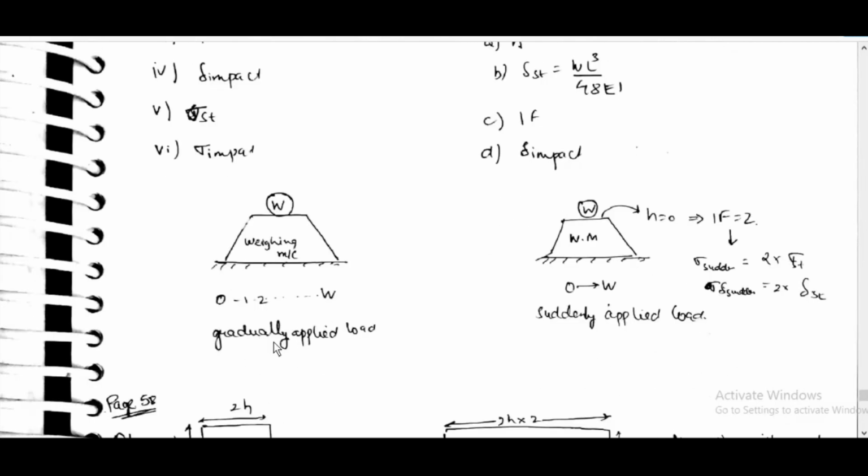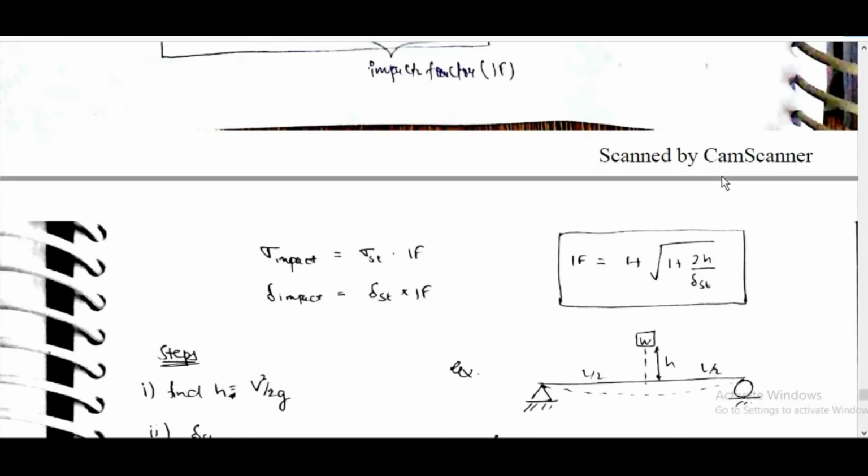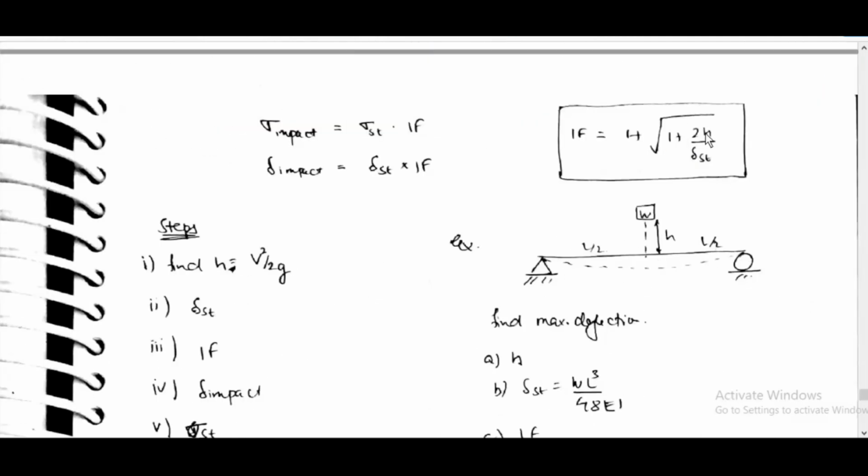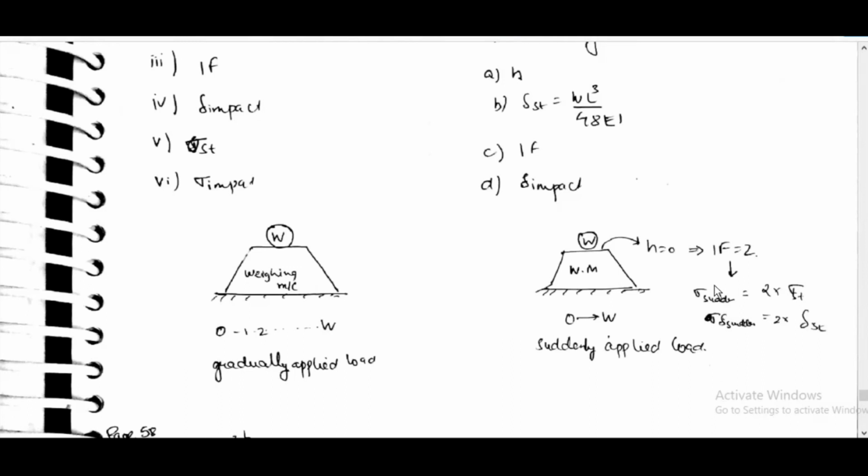Gradually applied load goes from 0 up to W. Suddenly applied load goes from 0 to W. For impact, H is equal to 0, so the impact factor is equal to 2.